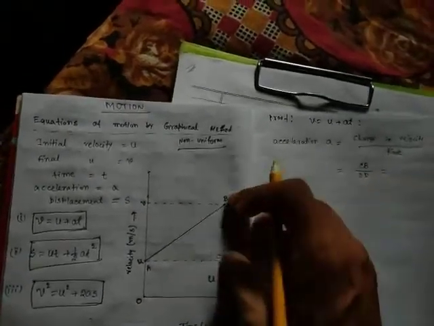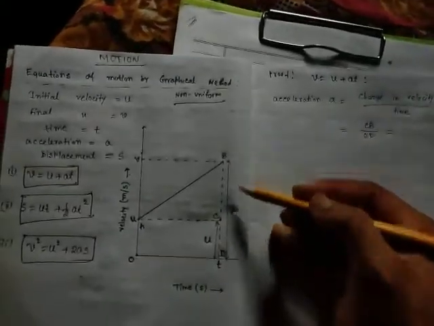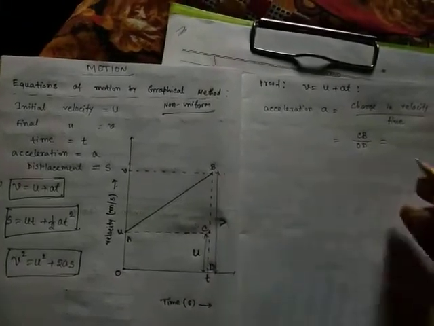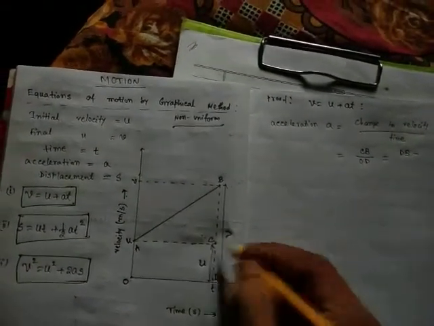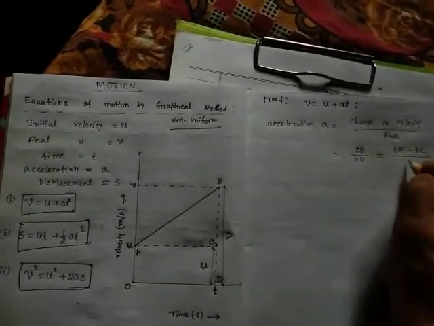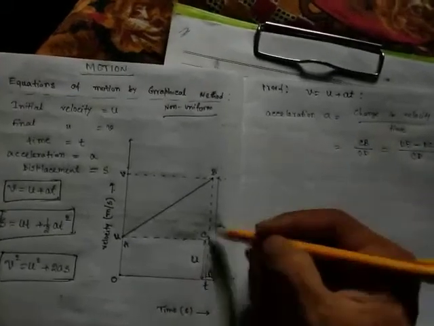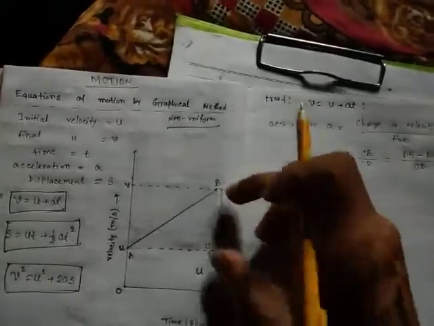Acha, CB is equal to what? We can represent CB as DB minus DC upon OD. CB means this one.